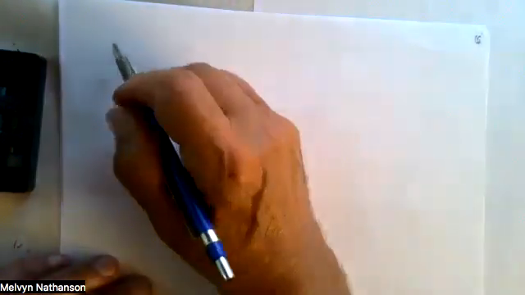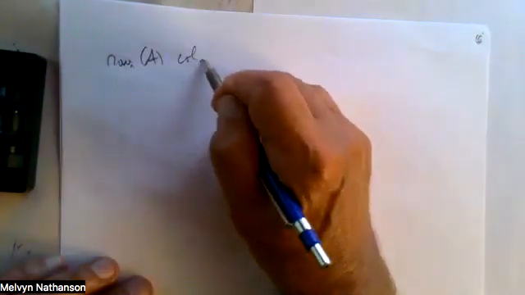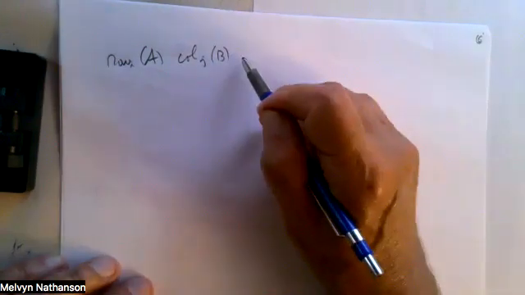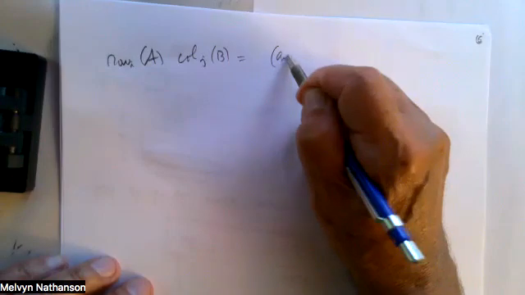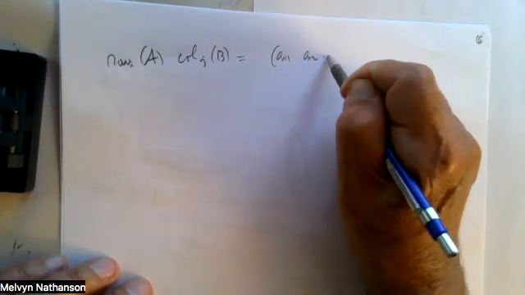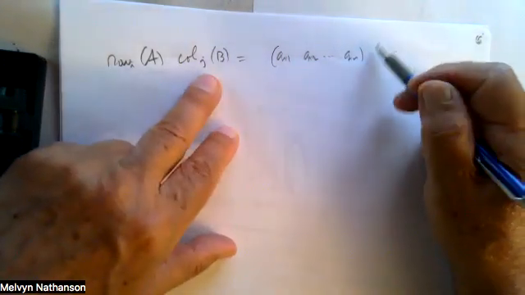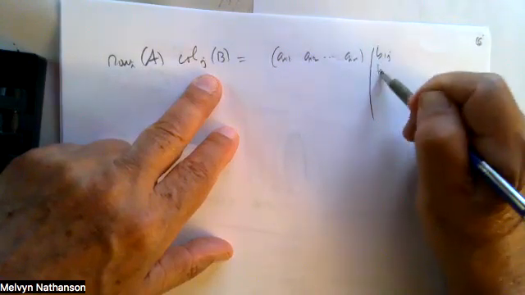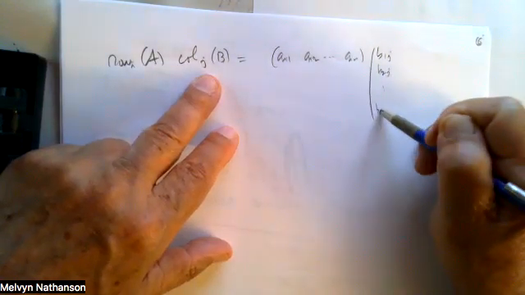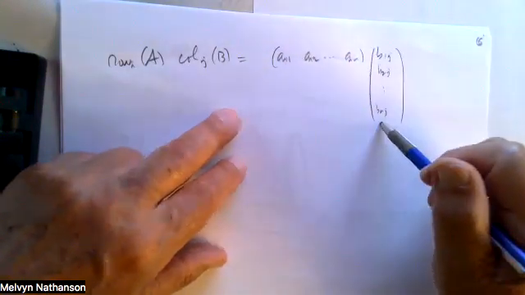Suppose I take row I from the matrix A and column J from the matrix B. So this ith row is a row vector, AI1, AI2, up to AIN. And the jth column of B is going to be B1J, B2J, down to BNJ. So the same number of entries here and here.